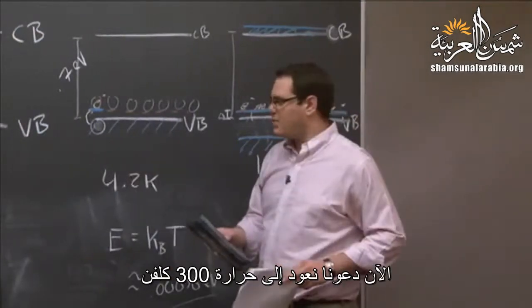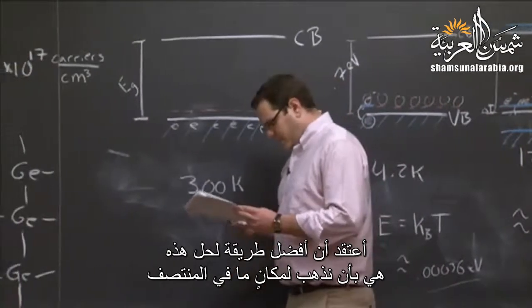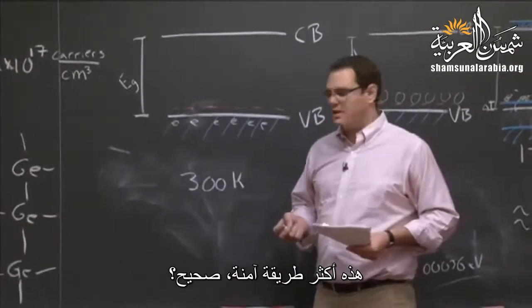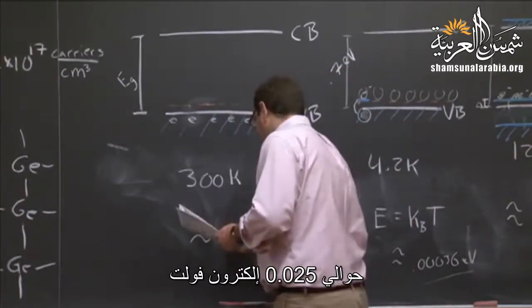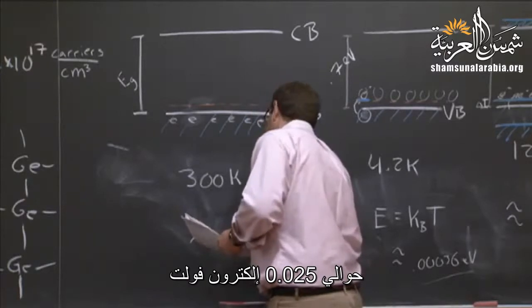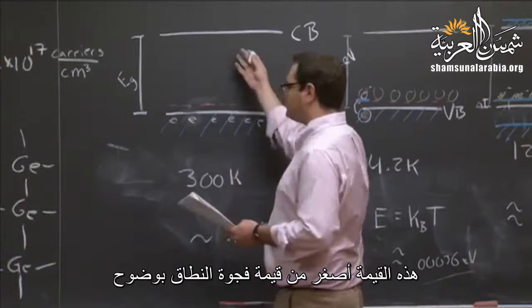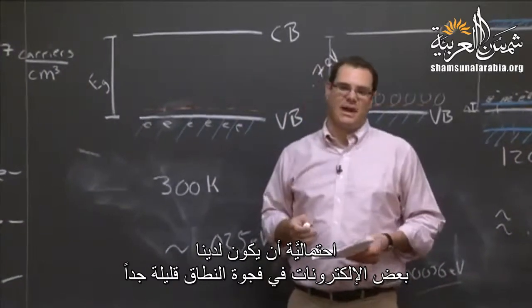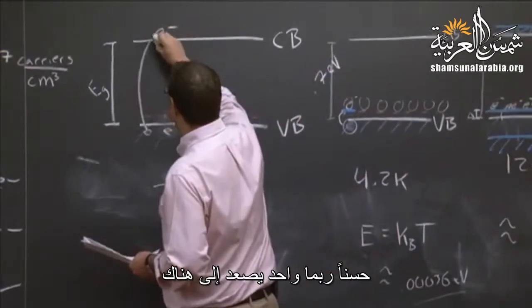Now let's go back to our middle temperature. I think the best way to do this one is to just go somewhere in the middle. It's the safest play, right? So we're at a temperature which corresponds to about 0.025 eV. Now that is obviously smaller than the gap. Probabilistically, we'll still get some electrons in that gap, diminishingly small, but we'll put one up there. Maybe one goes up there.